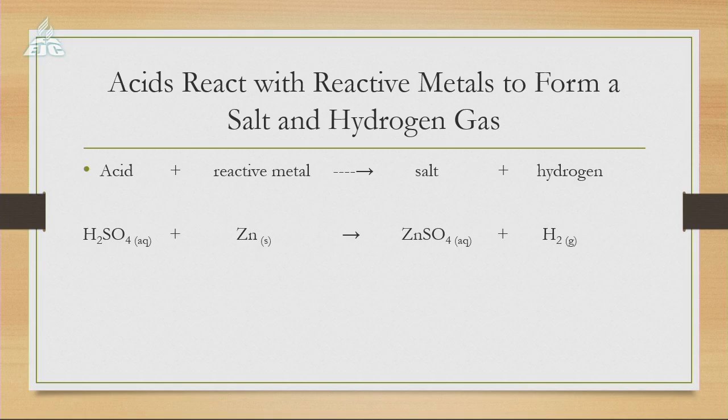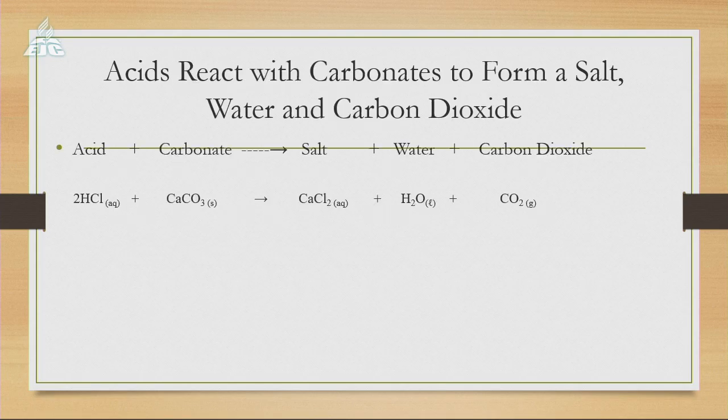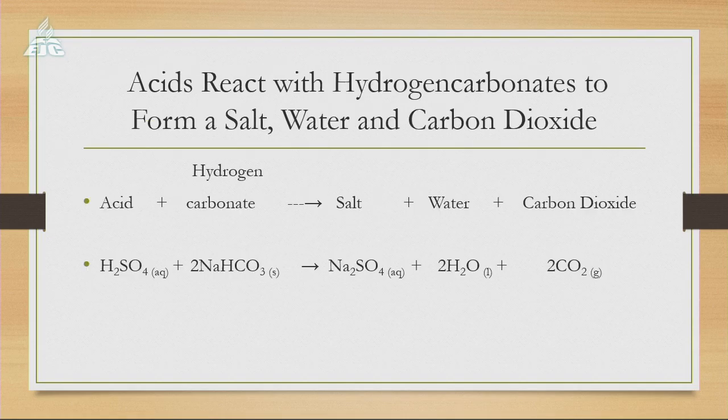First of all, we have acids react with reactive metals to form a salt and hydrogen gas. We said that acids neutralize bases to form a salt and water. Acids react with carbonates to form a salt, water, and carbon dioxide.